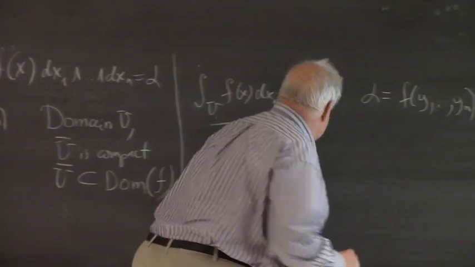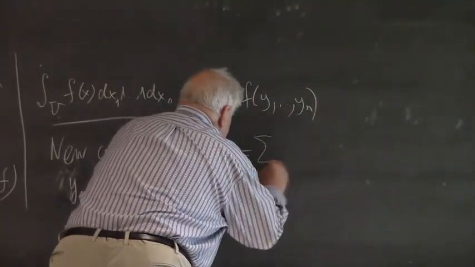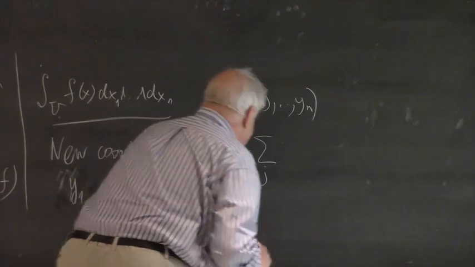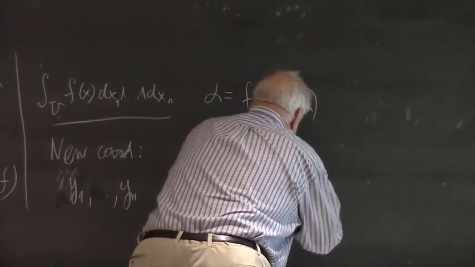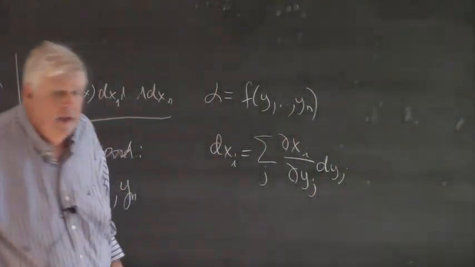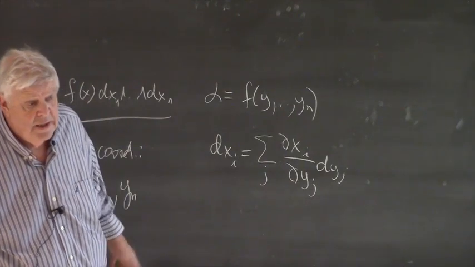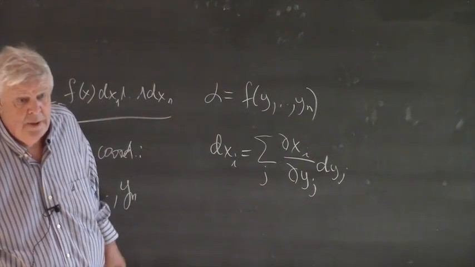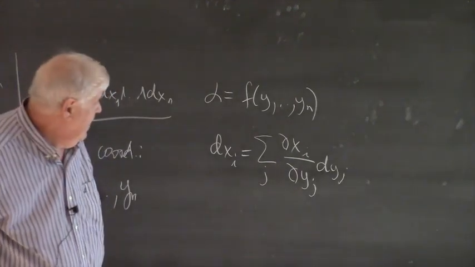But then dxi becomes the sum over j of dxi over dyj times dyj. This is a formula well known from calculus, but also it is known from our course because we know how the differentials of functions are calculated.